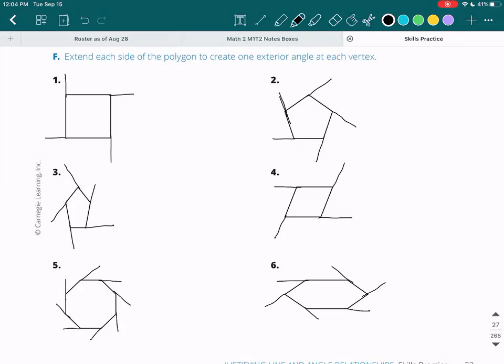So extend one line out from each corner. Don't you dare put 2 lines on a single corner. It's got to have just one line on the corner, okay? Any questions? 1, 2, 3, 4, 5, 6. And you guys got 10 seconds to say wait or yes, so that I know.